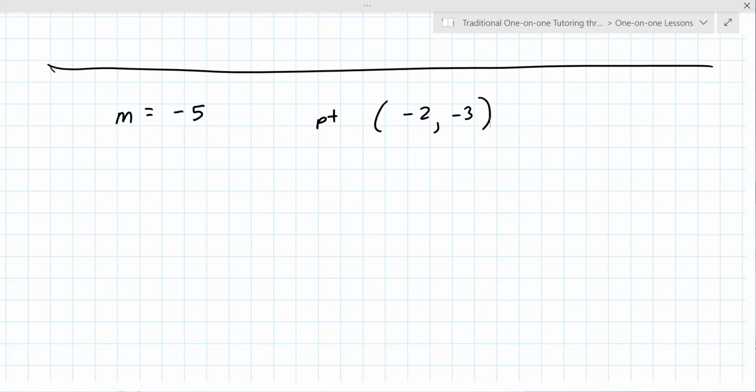Okay, start with that. -3. Okay, so put in parentheses. Equals, right? You're following this equation right here. And then so what did he put is the value of M? -5. Okay, so write that.